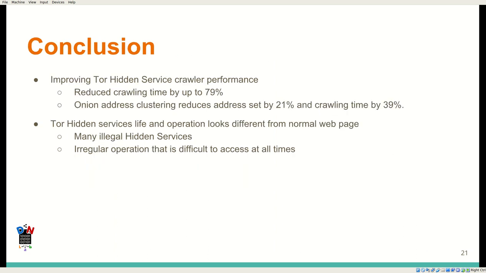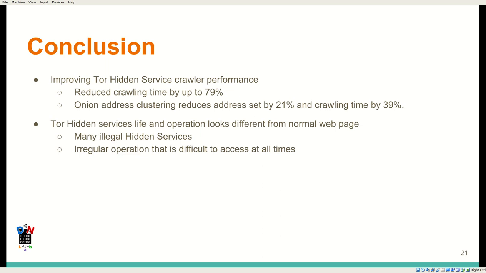Our study is summarized as follows. We were able to shorten the crawling time by up to 79% through the Docker-based Tor crawlers. Clustering onion addresses for duplicated hidden services reduced unique onion addresses by 21% and crawling time by 39%.